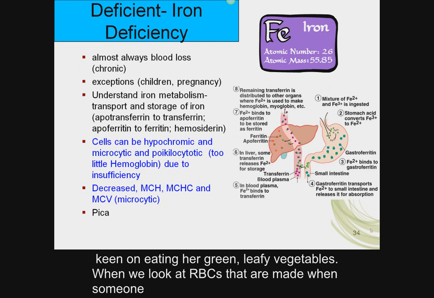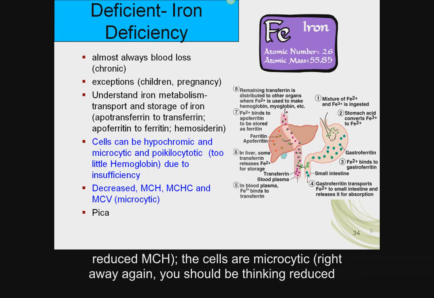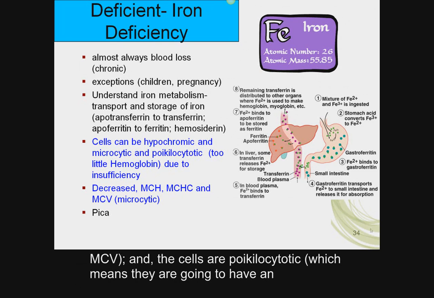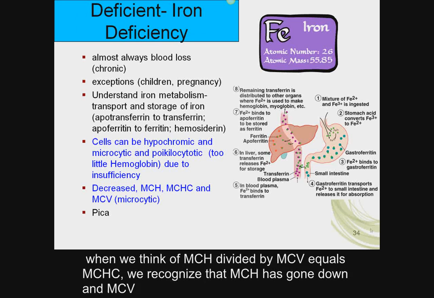When we look at red blood cells that are made when someone has iron deficiency, the cells are hypochromic. Right away you should be thinking this is reduced MCH. The cells are microcytic. Right away, again, you should be thinking of reduced MCV. And the cells are poikilocytotic, which means they have an abnormal shape to them, not that typical nice biconcave disc. When we put all these together, when we think of MCH divided by MCV equals MCHC, we recognize that MCH has gone down, and MCV went down too.